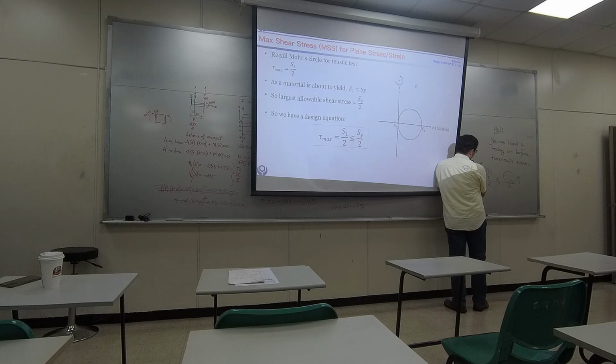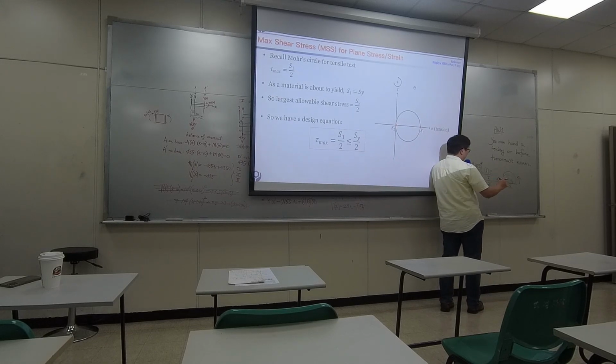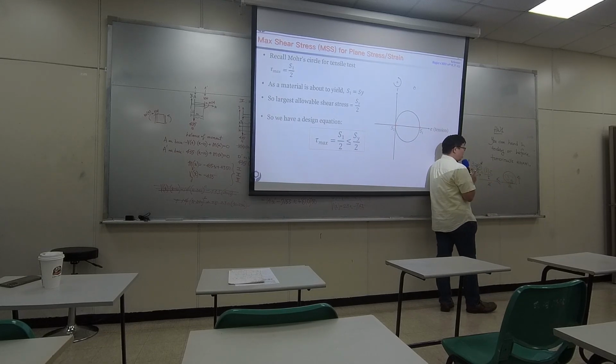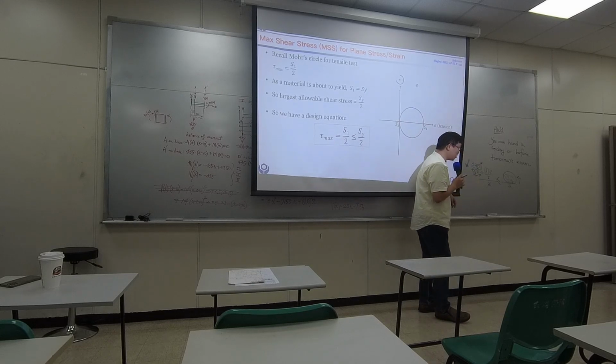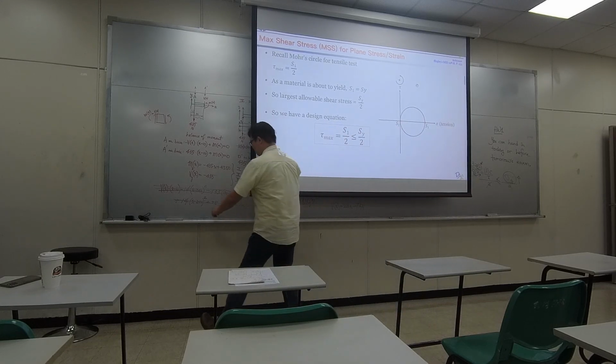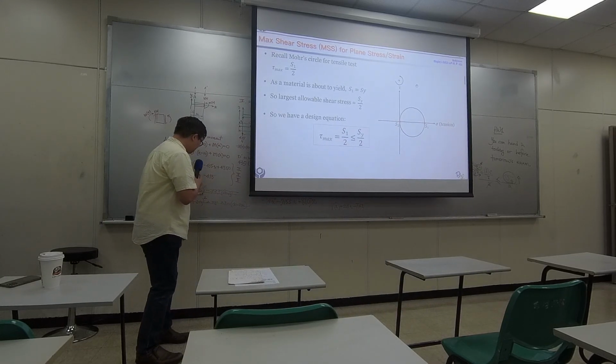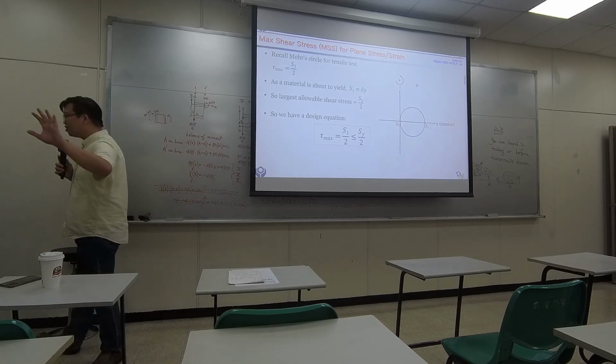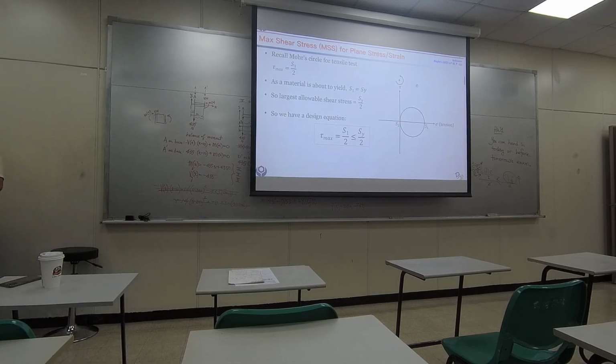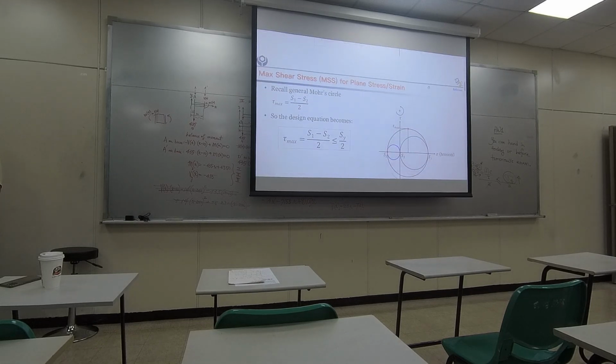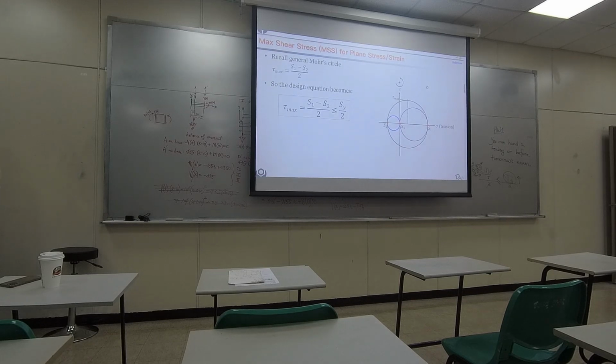You can change the diameter, so make it thicker. Or you can choose to carry a smaller load. Okay? So the maximum shear stress model is very simple. Any questions? Okay, good.